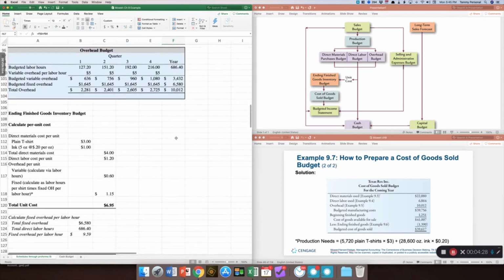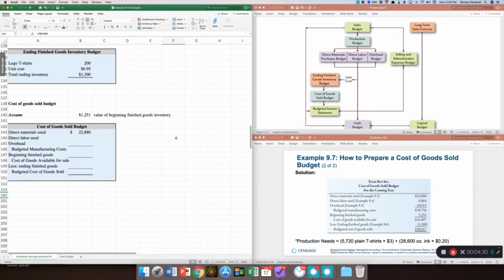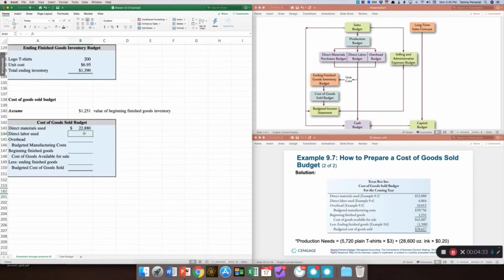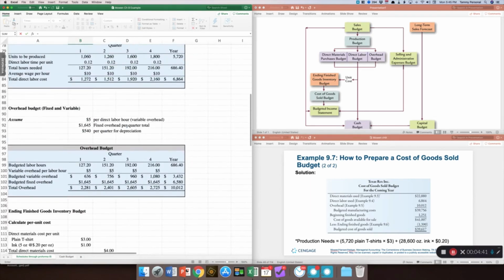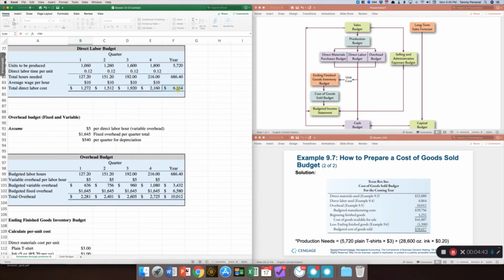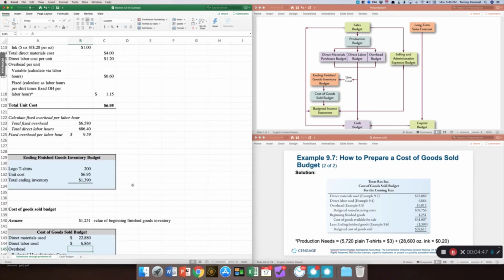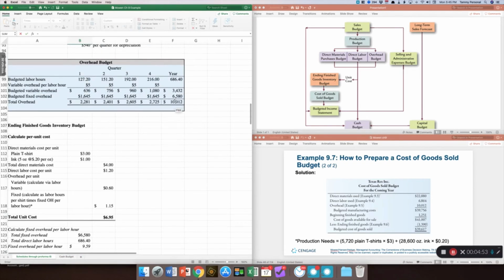The rest of it is pretty straightforward. So our cost of goods sold, our direct labor used, we're just going to grab that, because we don't have any labor in inventory. That's not a thing, right? So here's our direct labor. That's $68.64. We pick that up. Our overhead was this total overhead budget.